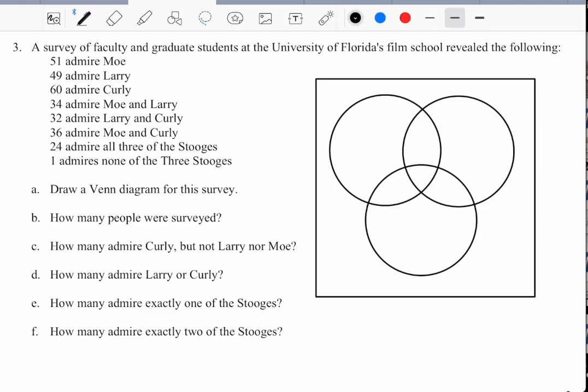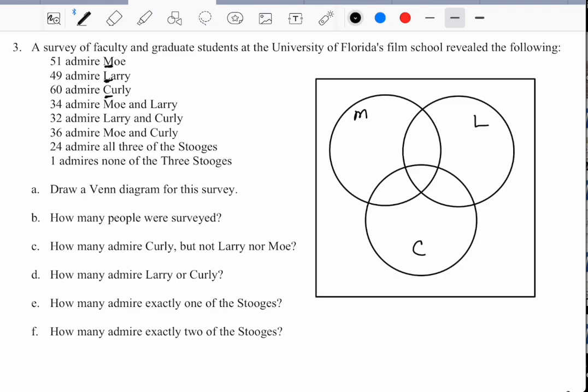So we have three categories. We've got the Mo category, M for Mo. Do a quick underline of the M. That's terrible. M. Larry, L for Larry. If the abbreviation is obvious, you don't need to create let statements or anything like that.